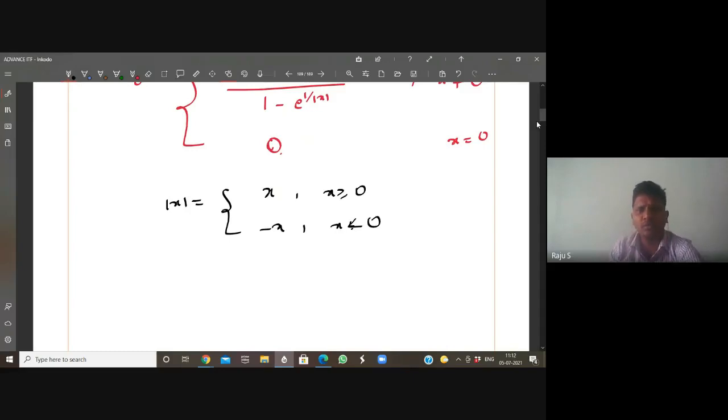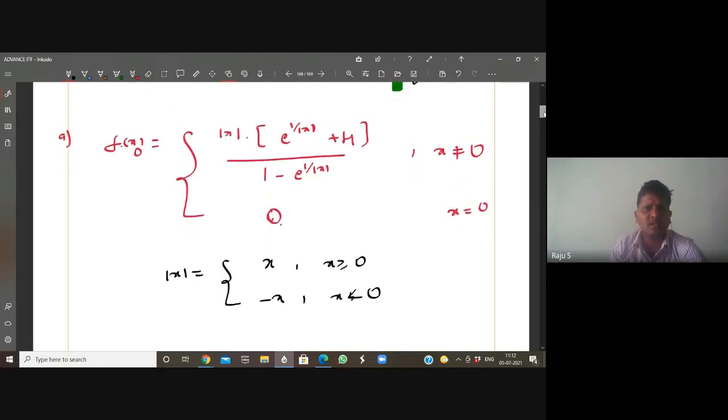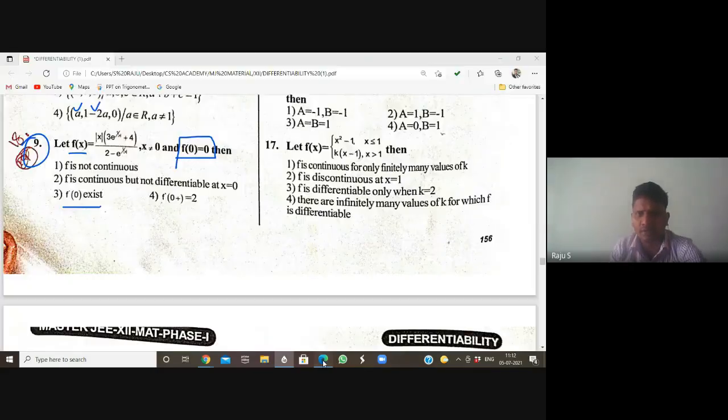Now, if you want to differentiate, can you differentiate here? Yes. So I want to find whether f of x is differentiable or not.